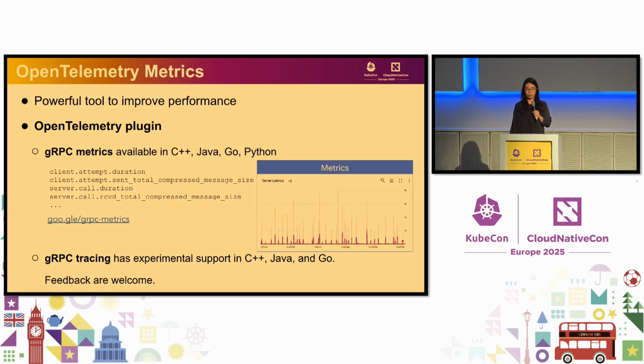You can get these metrics to help you analyze the RPC latency, QPS, error rate, and also things like payload sizes. You can find the full list of the metrics that we support in the documentation that I have on the slides. OpenTelemetry tracing is also available on gRPC. So we would like to encourage all of you to give it a try and let us know if you have any feedback.